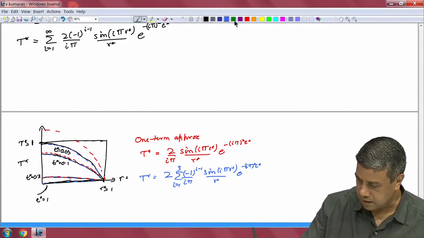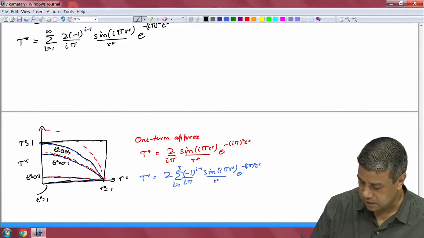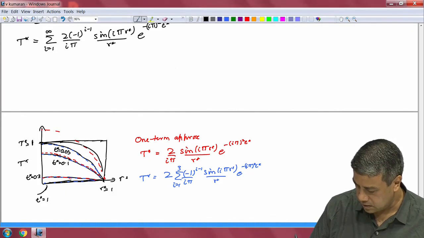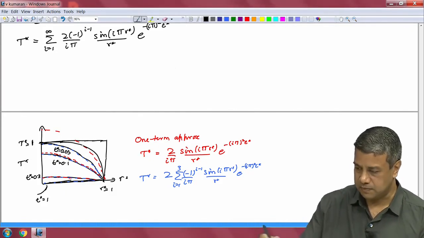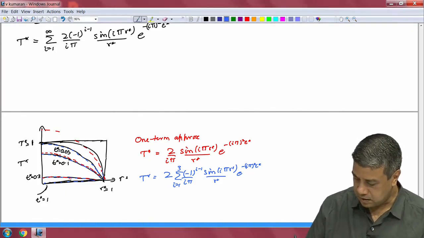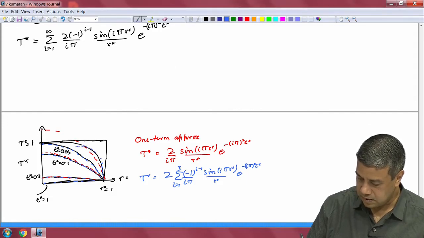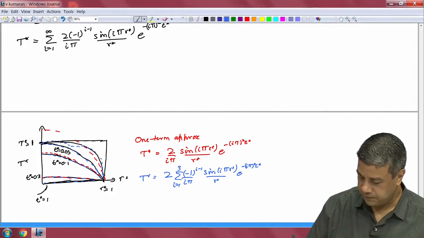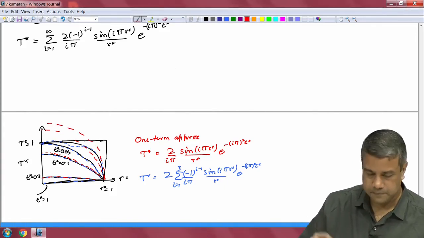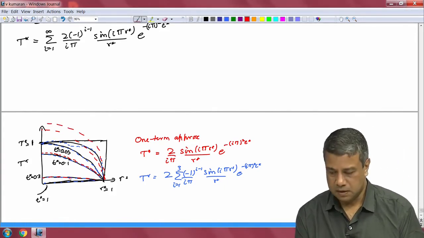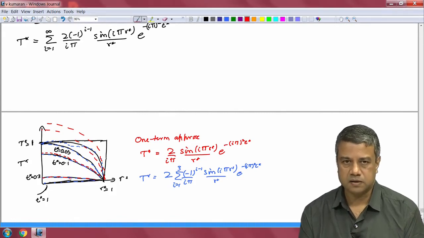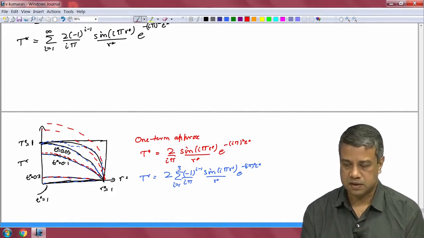And at very early times, at t star equal to 0.01, the temperature looks something like this. It is close to a step function, and the three term approximation has spurious oscillations, and the single term approximation gets it quantitatively wrong. So, these are the comparison of the numerical solutions and the actual solutions.